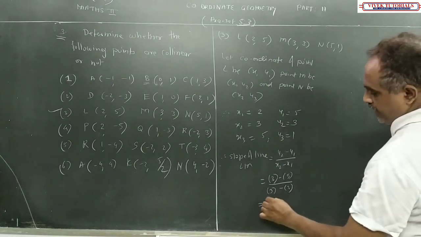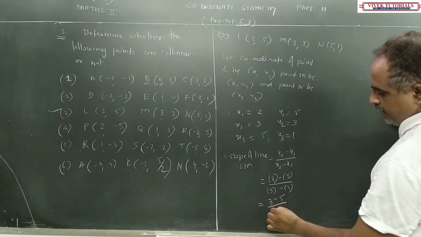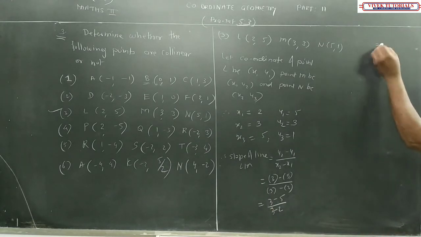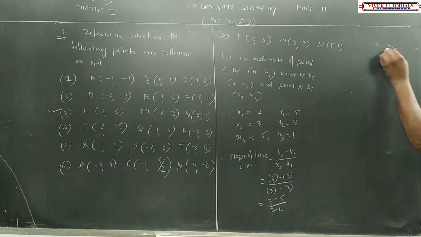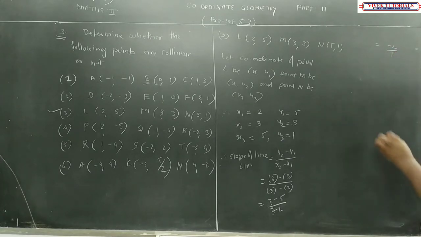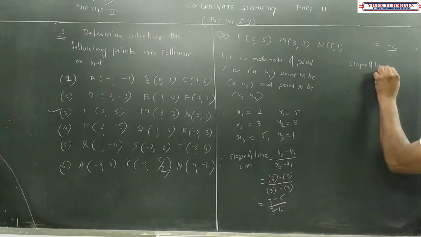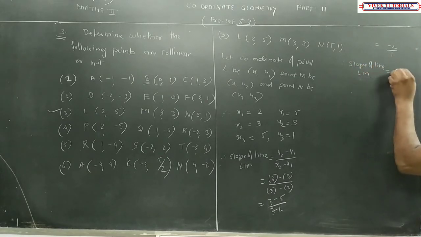So we are getting 3 minus 5 upon 3 minus 2, which is -2 upon 1. So the slope of line LM is equal to -2.